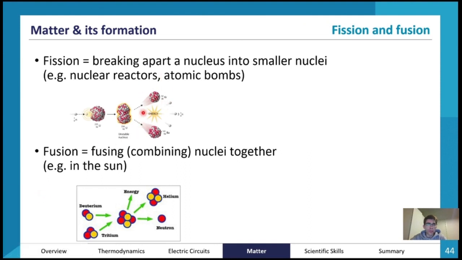If you were to measure the mass of the reactants and the products, you would see that they are not equal. The mass of the products is actually slightly less than the mass of the reactants. The reason for that is because some of that mass has been annihilated and released in the form of energy. This energy can be electromagnetic radiation.